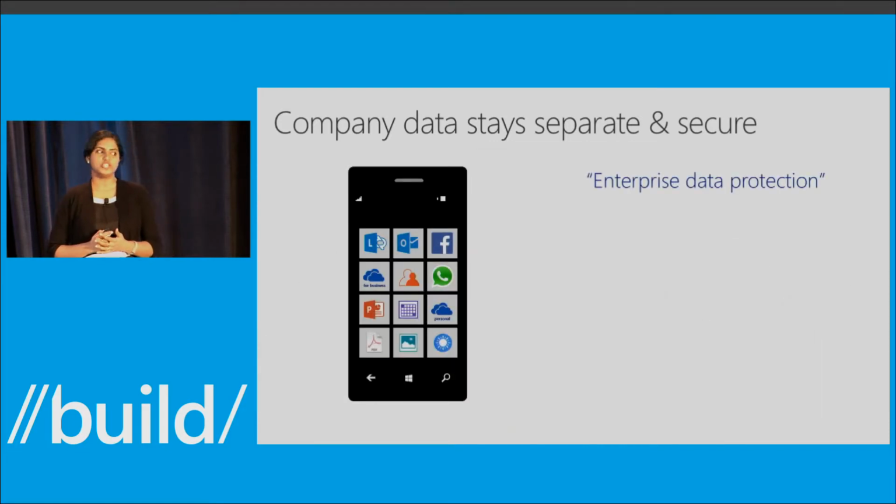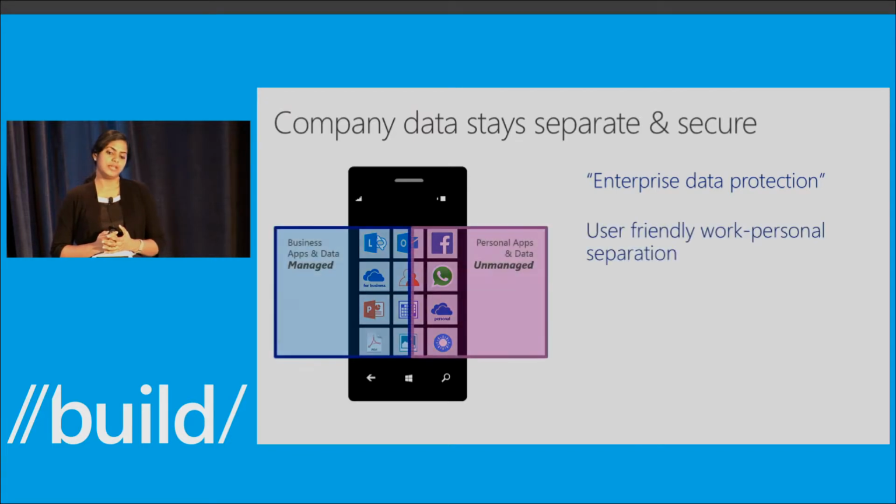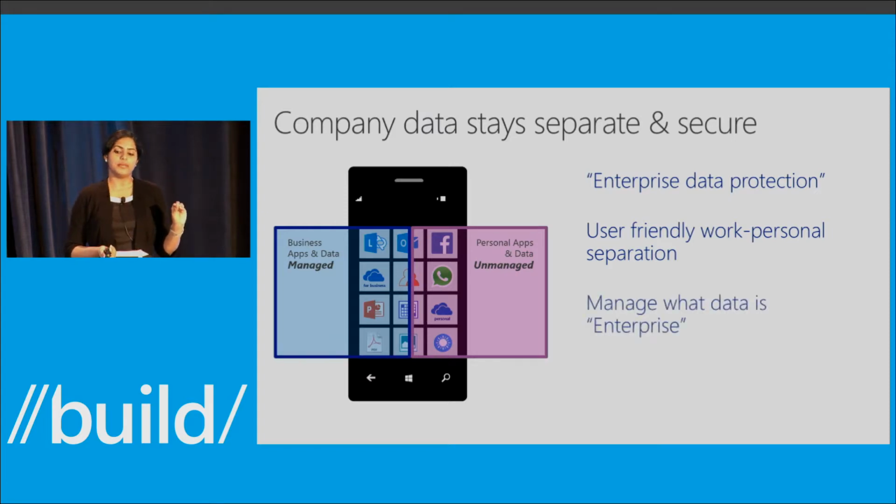Enterprise data protection is a Windows 10 operating system feature that demarcates both personal and work data and keeps the work data secure. Management of enterprise data protection is possible through MDM, and you can designate which data should be considered as enterprise data. That is, which of the apps should be considered as enterprise apps, and how the data can be shared.